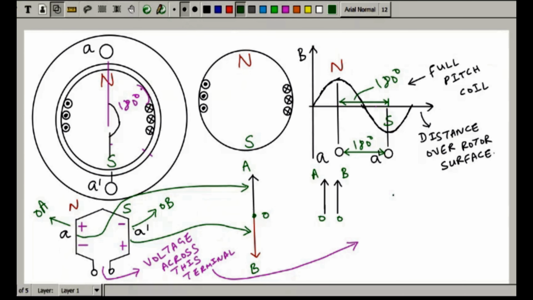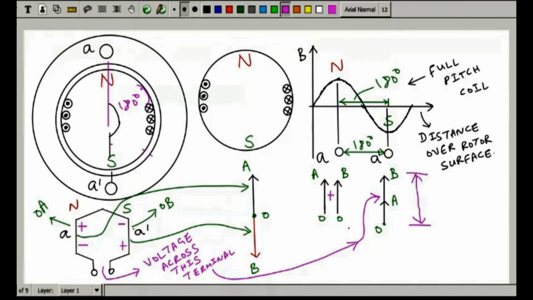That means they have to be added together, because when you take the KVL in the closed loop of the coil, the voltages actually get added up. So that's why we are adding OA and OB. This is the voltage across the terminals, OA plus OB. Okay, so this was for the full pitch coil.